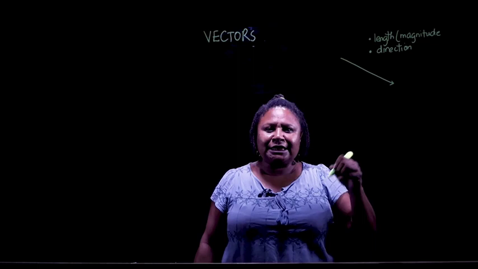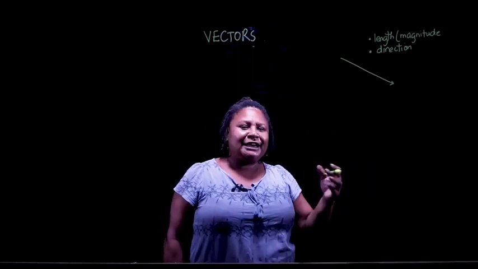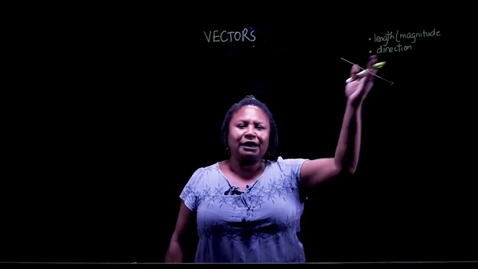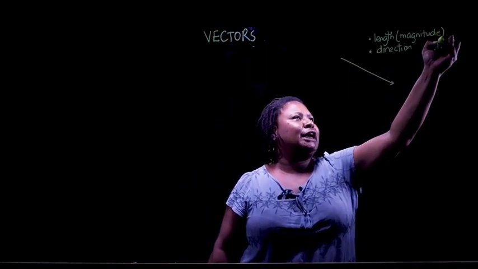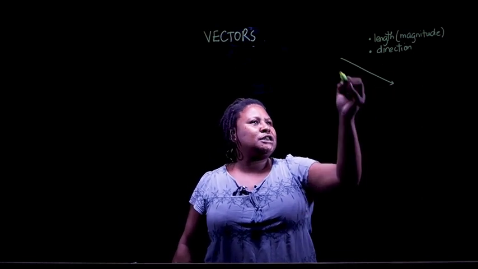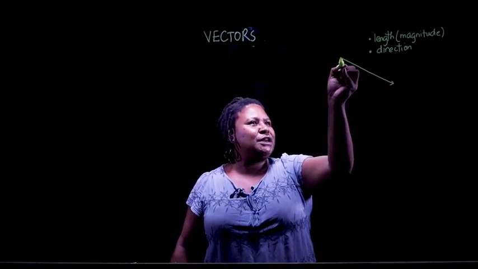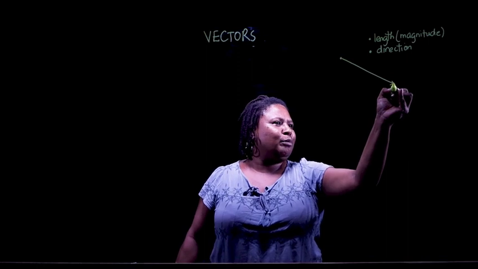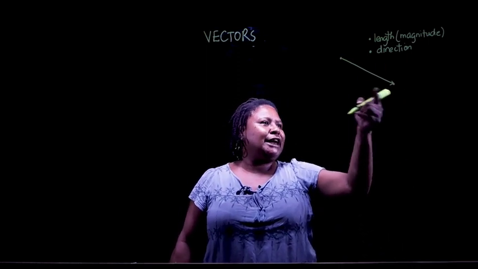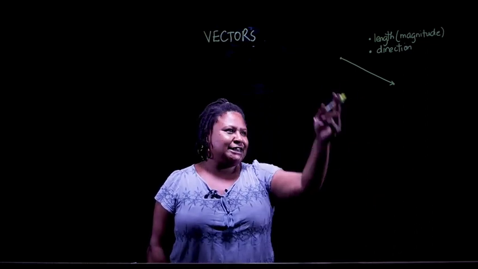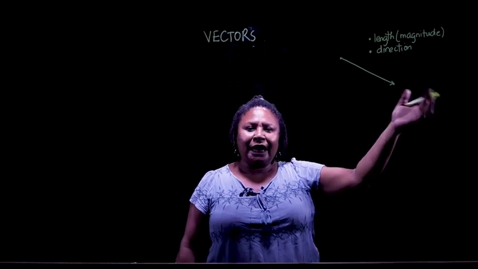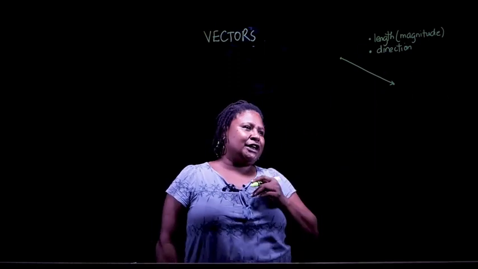So a vector is simply a line that has length and direction. I have a length from this endpoint to this endpoint, and the arrow head indicates the direction that this line is moving.